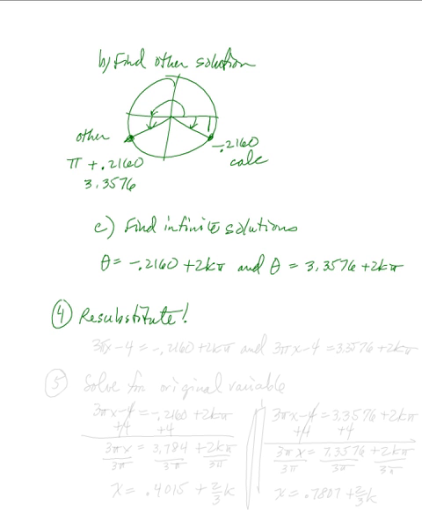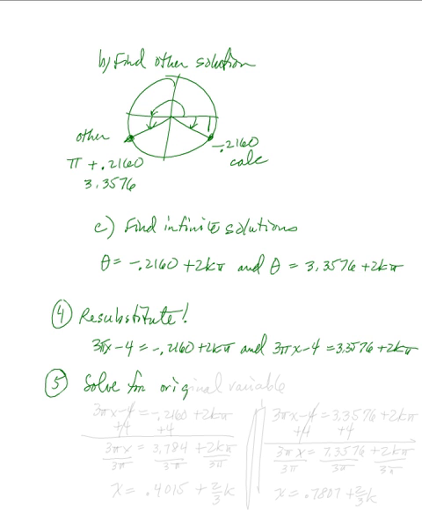Remember, it's the one I even write with an exclamation point. So you're going to have 3 pi x minus 4 equals negative 0.2160 plus 2k pi, and 3 pi x minus 4 equal to 3.3576 plus 2k pi.